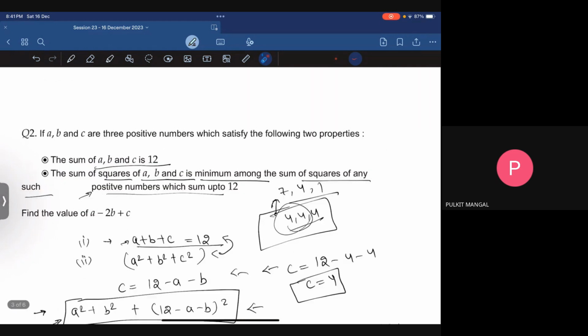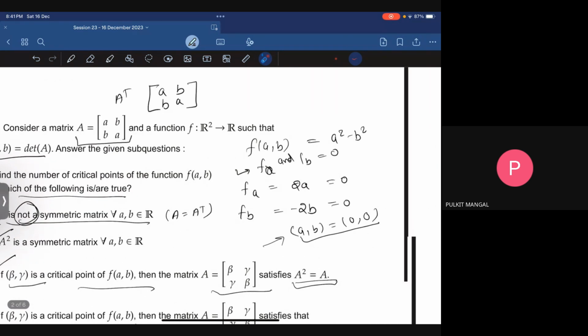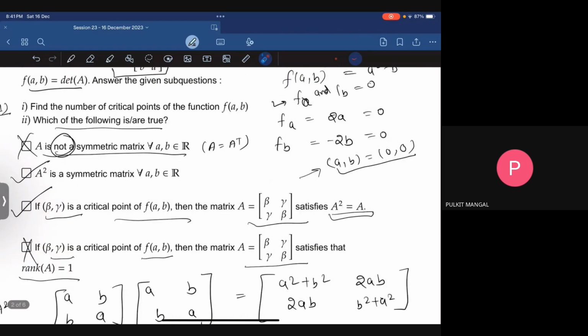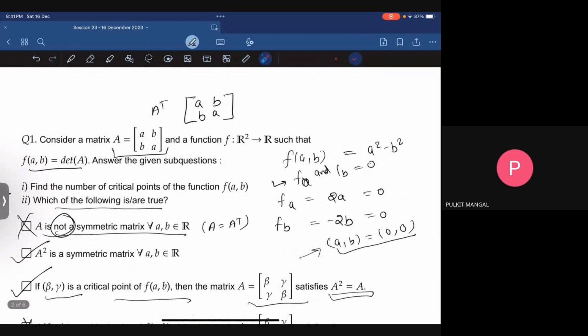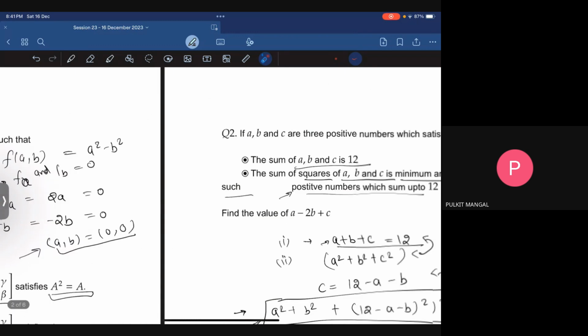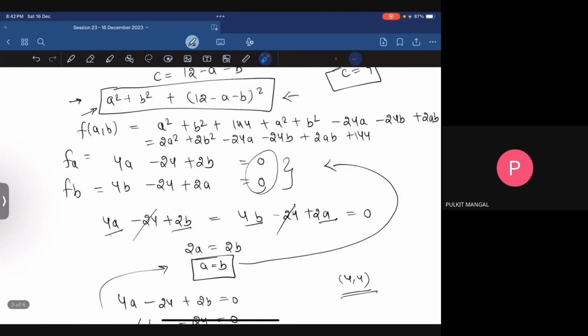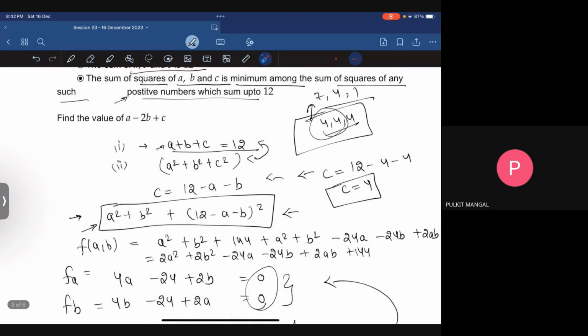Let's see. See, in this question, this one is the linear solution.